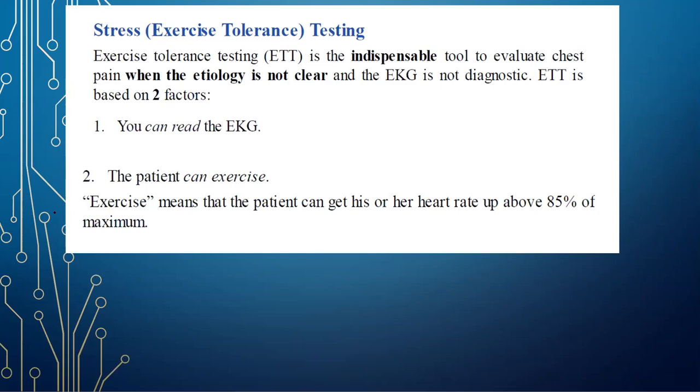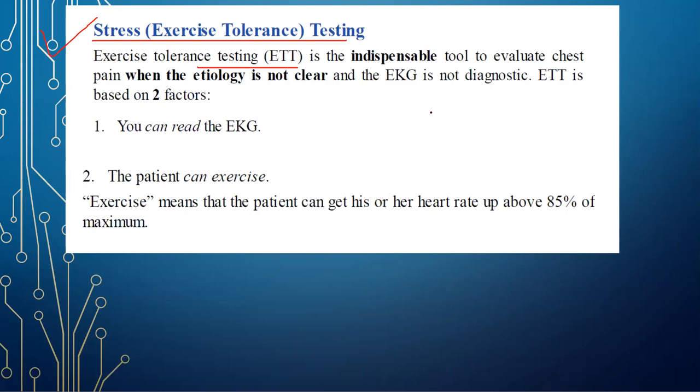Usually you can discharge the patient, and then in the outpatient department we can do an exercise stress test. These are called stress test or ETT, which is called exercise tolerance test. It's a very important test to evaluate if this chest pain is related to coronary artery disease.